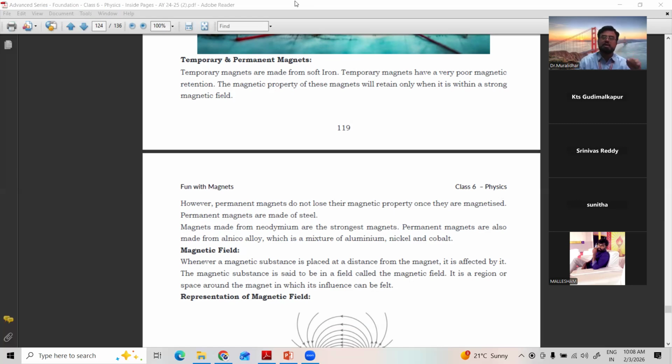Those that retain the magnetic property for a long time are called permanent magnets, right? Some materials, like stainless steel, lose the magnetic properties very soon. As long as a magnetic field is there, they behave like a magnet, but when the magnetic field is removed, they lose the magnetic property. So they are called temporary magnets, right?